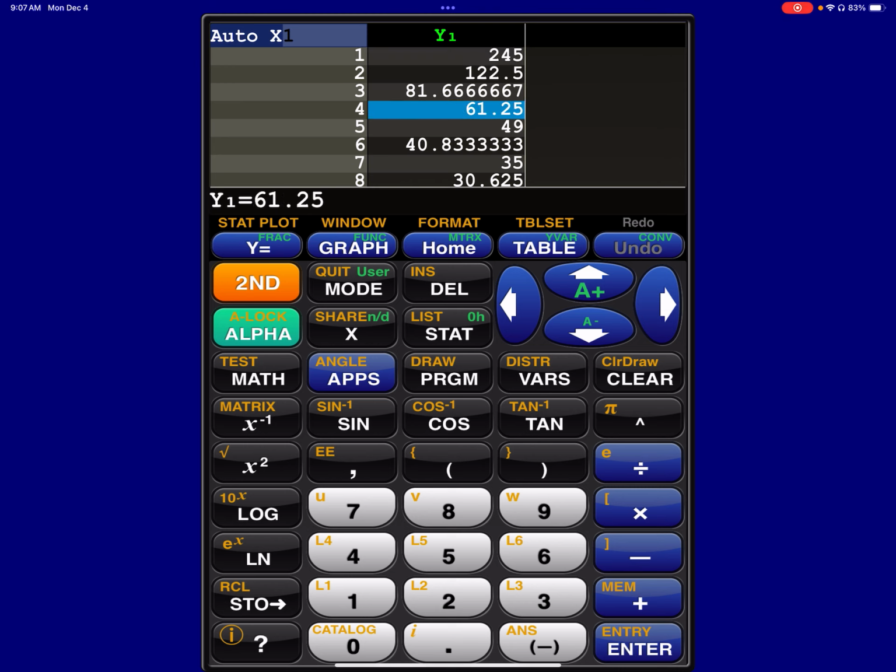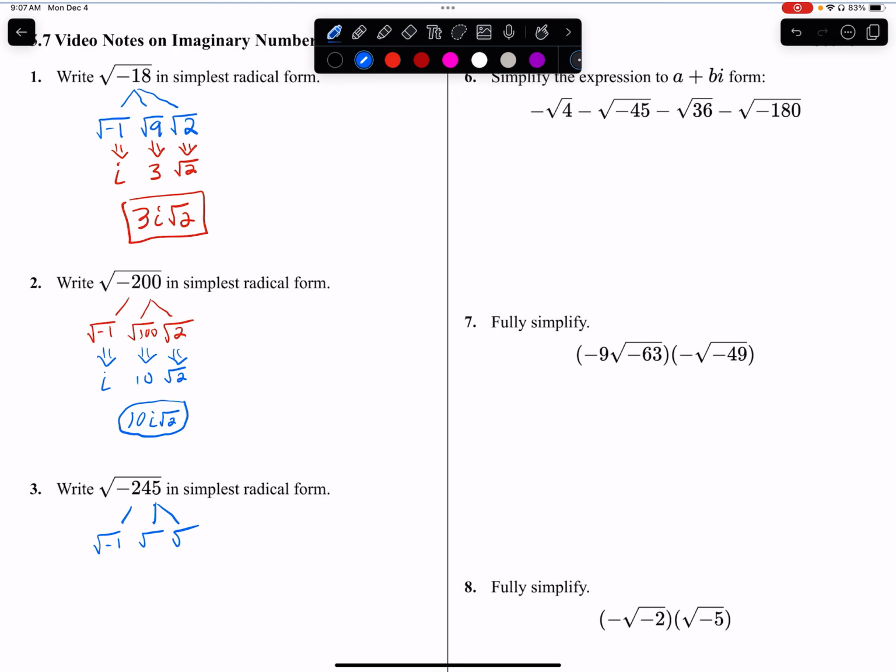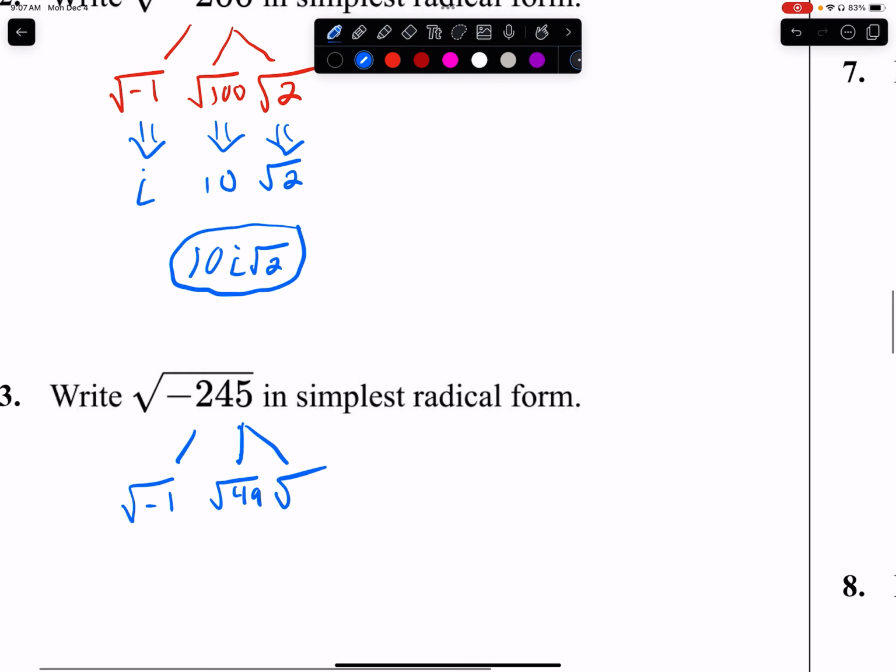Very clearly I see 49, because 5 times 49 is 245. So if I go back, I can separate this into 49 and then 5. And then I follow the same steps. The square root of -1 becomes i.